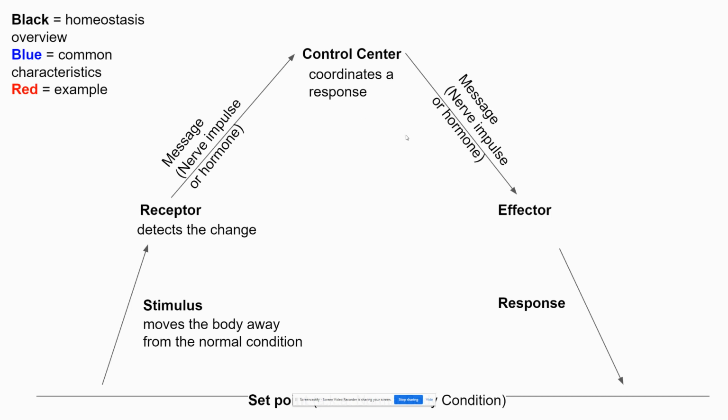The next organ that receives the message from the control center is called the effector. The effector is the organ that will do some action or carry out a response that counteracts the stimulus and will move the body back to the normal condition.